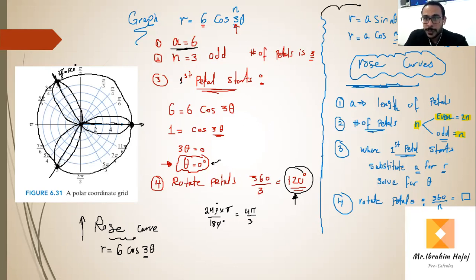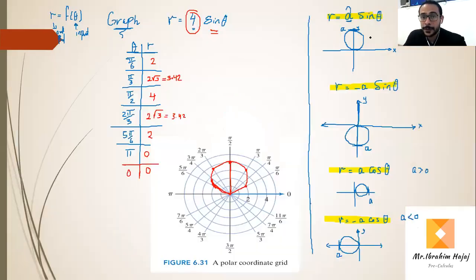If you ask me what's the important part here, guys, it's the summary here at the right. R equals A sine n theta and R equals A cosine n theta. The previous ones had n equal to 1, so no problem. The circle is above the x-axis if it's a sine, and the diameter is the value of A till here.